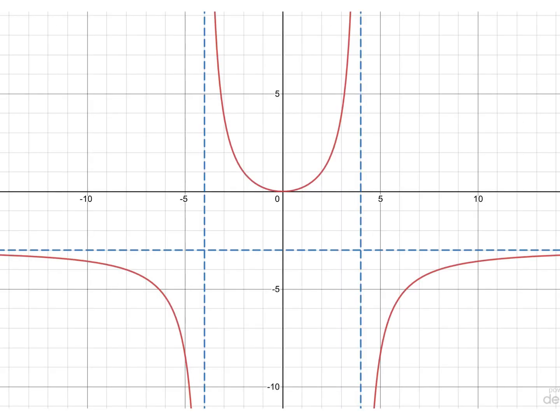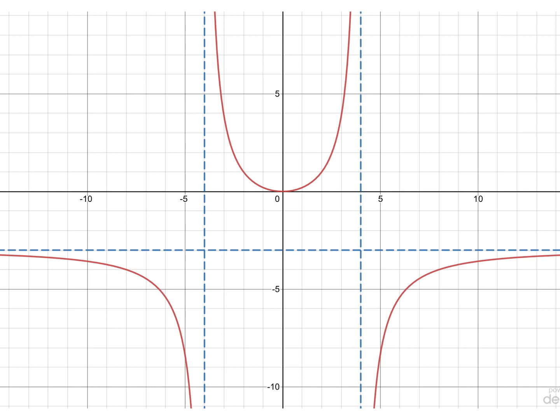And this is how our graph operates. So 0, 0 was where it touched the axis, and it was positive to the left and positive to the right of that 0. And on the sides of the asymptote, it actually approached positive infinity on both sides.